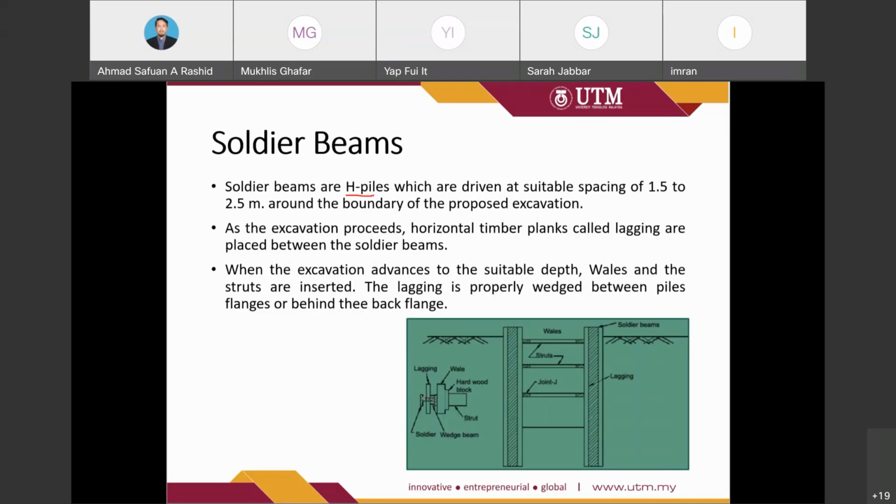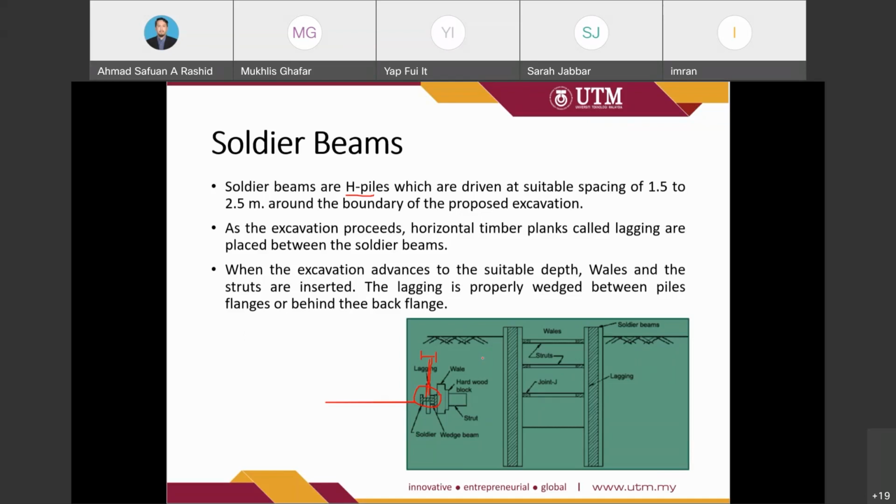So they install the H beam. The H beam will have a spacing of 1.5 to 2.5 meters. Between the H beams, they include what we call the lagging, to protect against the lateral movement of the soil.